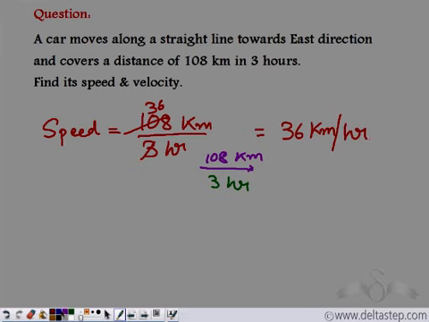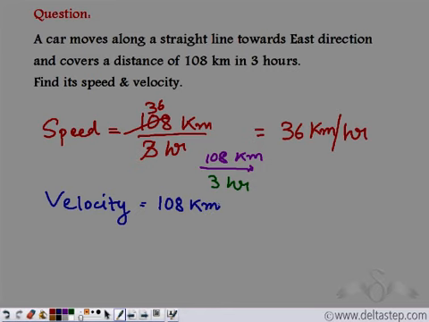What is the velocity? Well, the direction of motion is not changing. So the initial position is this, final position is this. Difference between the final and the initial position is 108 kilometers.